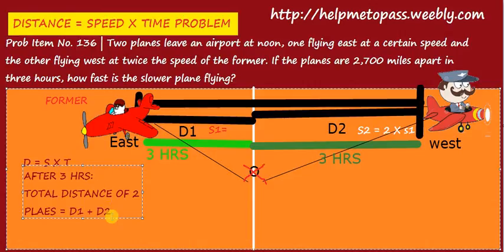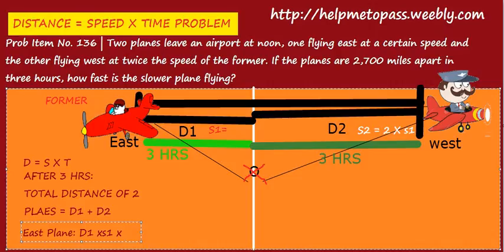So let's make first the formula for plane 1. Let's consider first the plane 1, the east plane. The east plane has d1 equals speed 1 times how many hours from the airport?